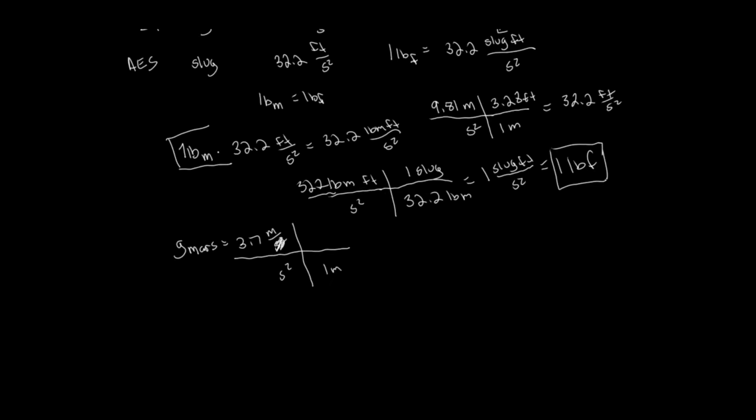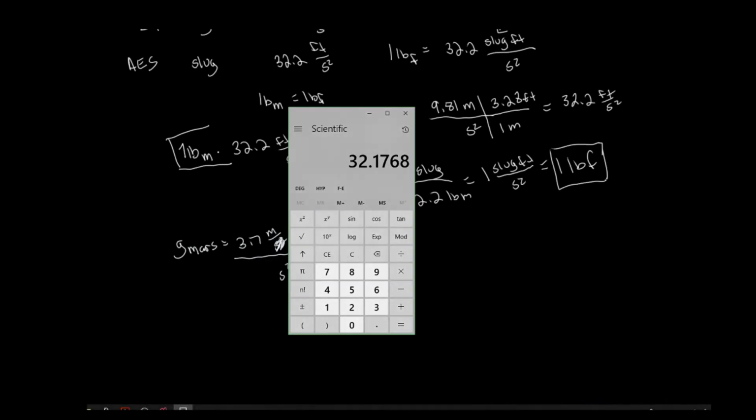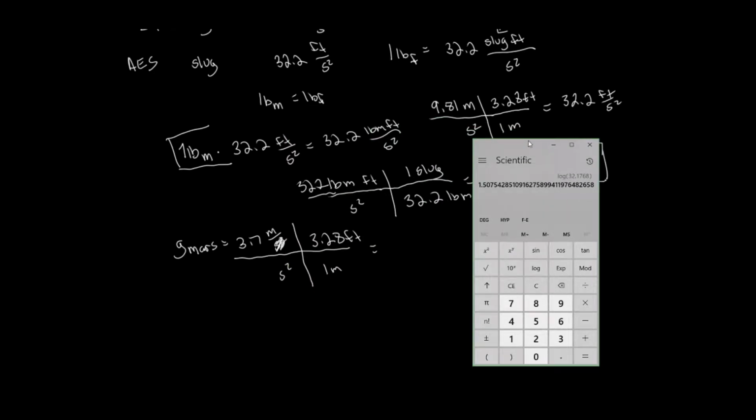We know 1 meter is 3.28 feet. And we come out to, let's break out our calculator again. We're going to do 3.7 times 3.28, 12.13.